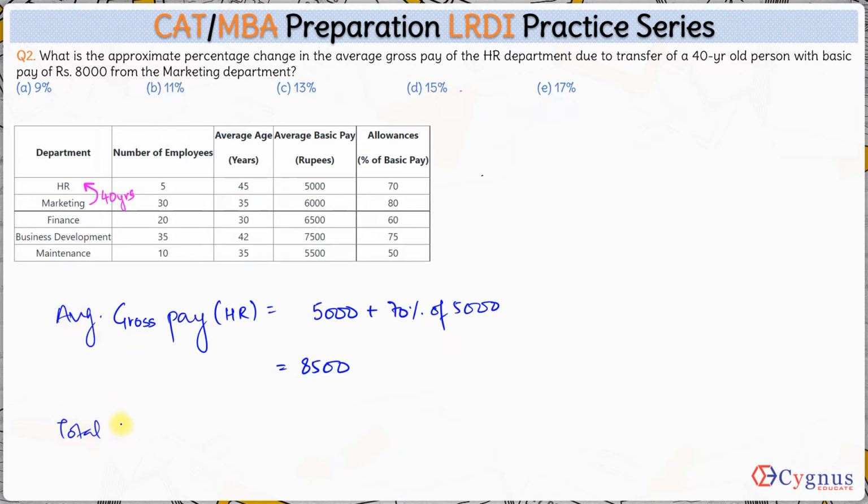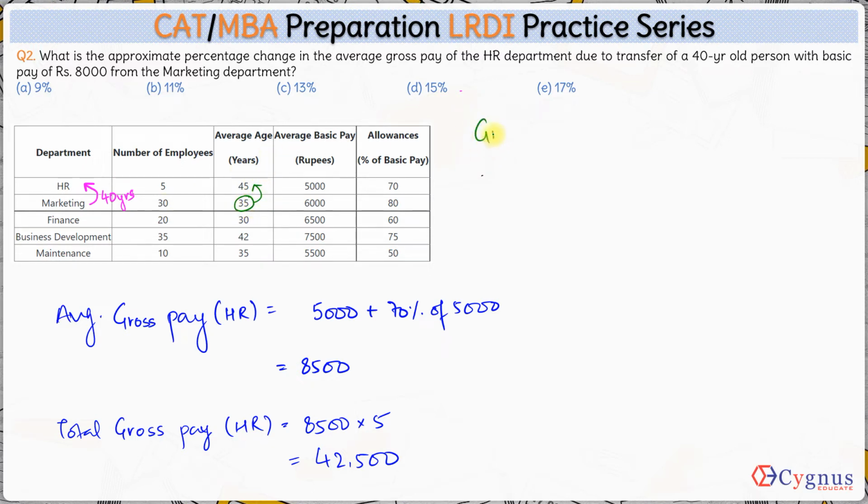Hence the total gross pay for the HR department now becomes 8,500 is the average, and there are 5 people in the HR department. So this becomes 42,500. This is the total gross pay for the 5 employees in the HR department. Now one person whose age is 40 years goes from a lower average age department to a higher average age department.